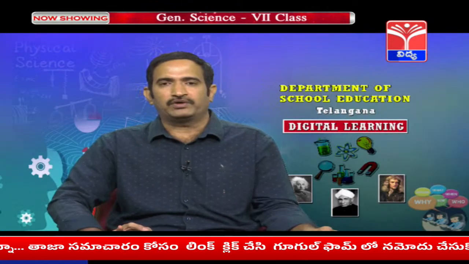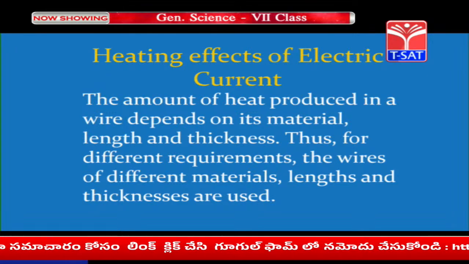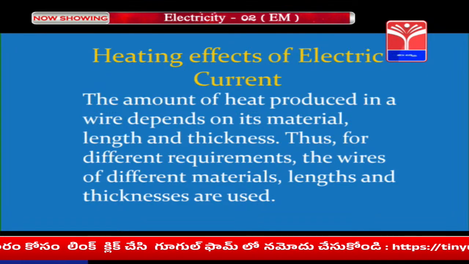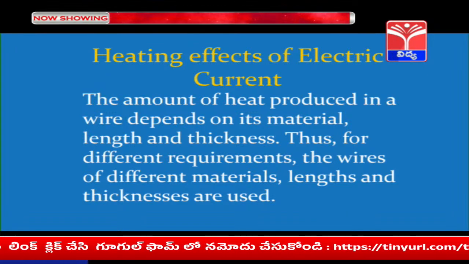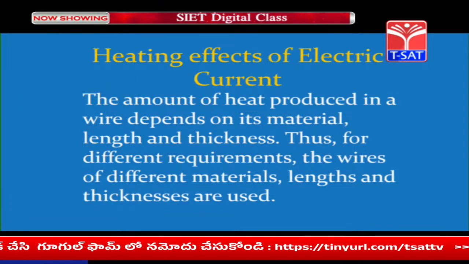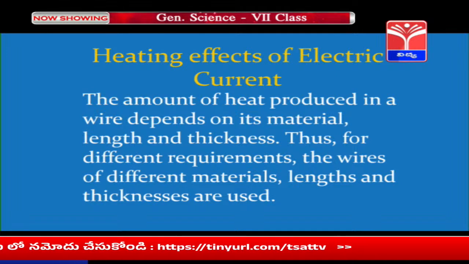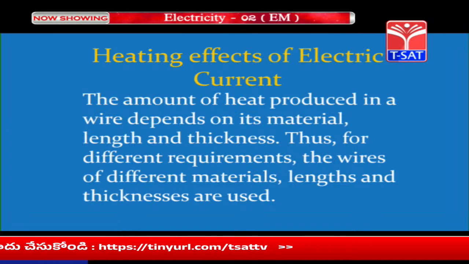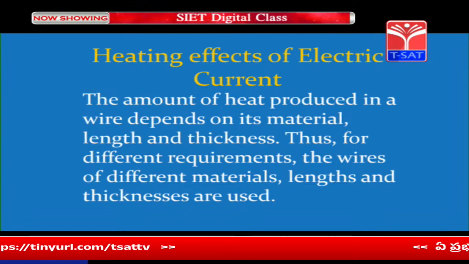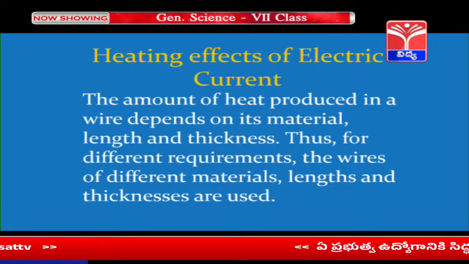Now, the amount of heat produced in a wire depends on its material, length and thickness. The more the thickness, the more heat it will radiate out. Thus, for different requirements, wires of different materials, lengths and thickness are used.